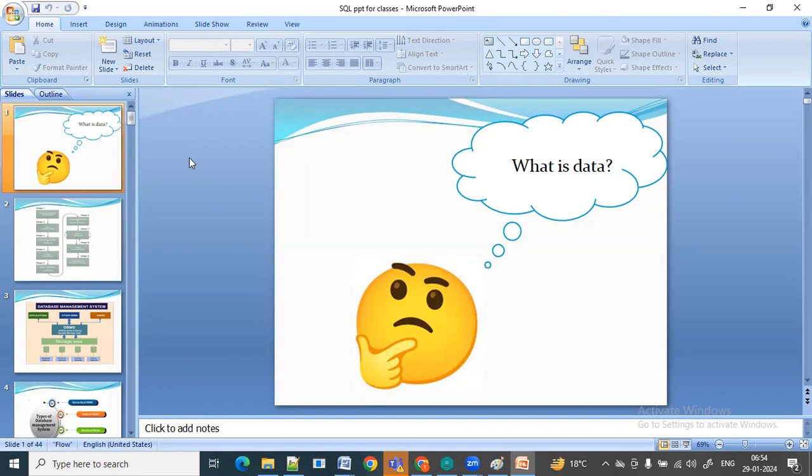But the moment I say database, the first and foremost question we will experience is, what is data? So, can any one of you give a definition for it? The information which gives useful insights. Okay, the information which gives useful insights. Perfect. Nice. Yeah, somehow correct.